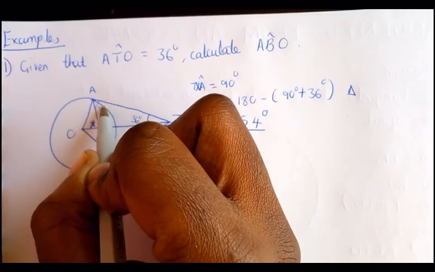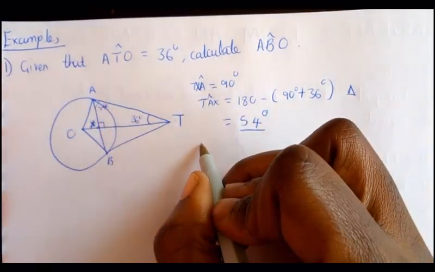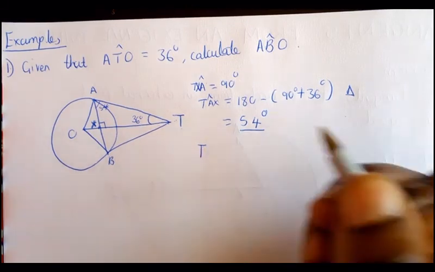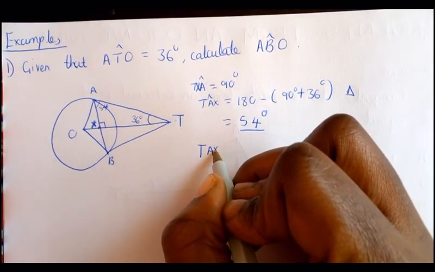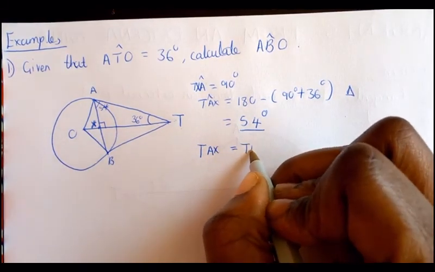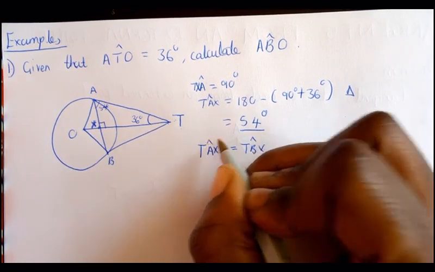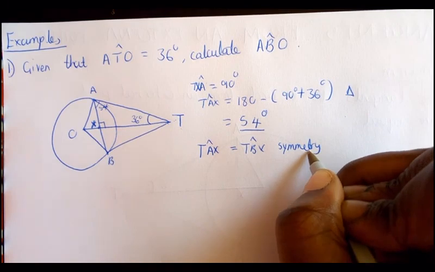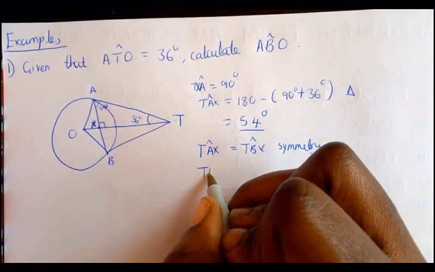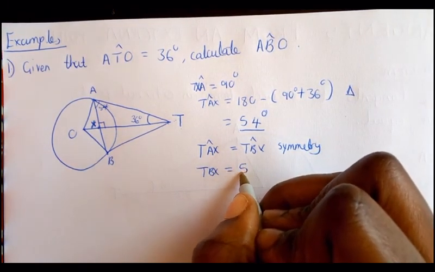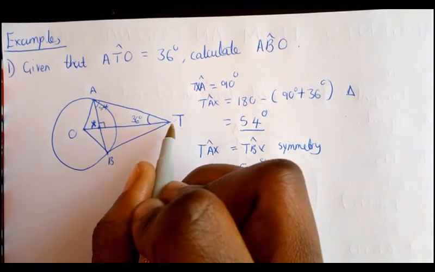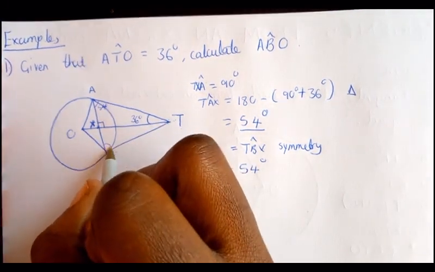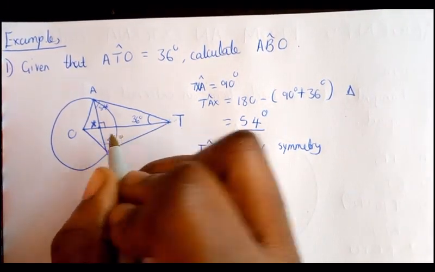This is 54 degrees. And because of symmetry, TAX is equal to TBX, from what we said earlier on. So TBX is equal to 54 degrees. We now have TBX. This is 54 degrees.